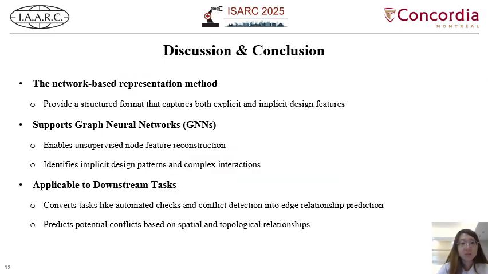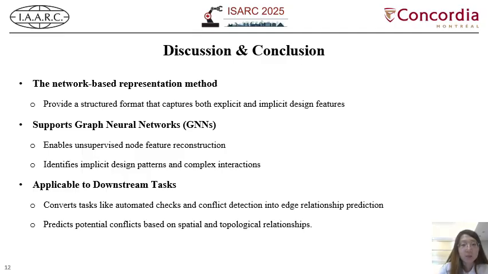With the advancements of machine learning, particularly graph neural networks, structured data formats have become increasingly crucial. Our proposed network-based BIM model provides a structured representation that effectively encodes spatial and topological information. By leveraging unsupervised graph neural network training, our model captures implicit design patterns and complex interactions between components.